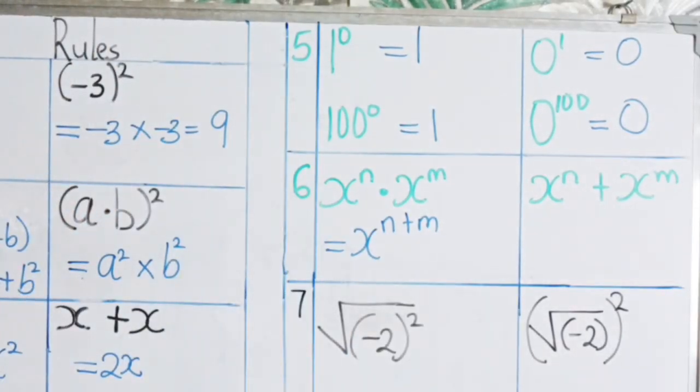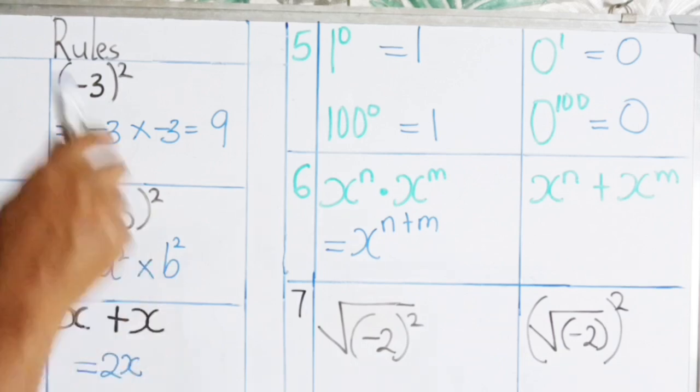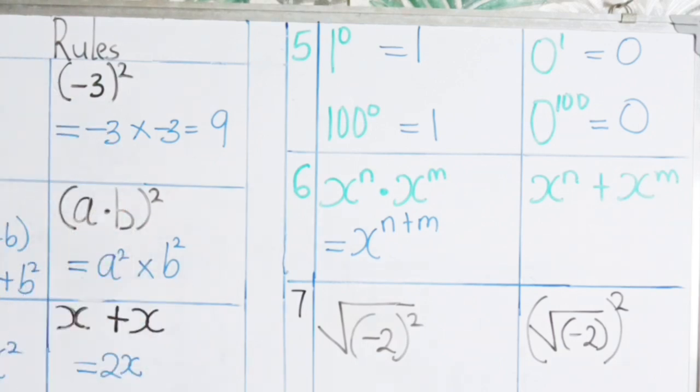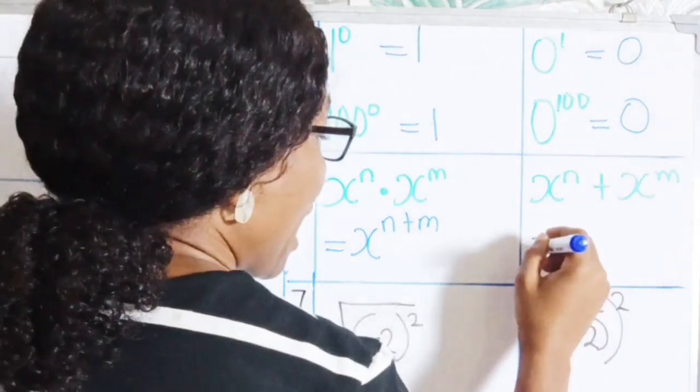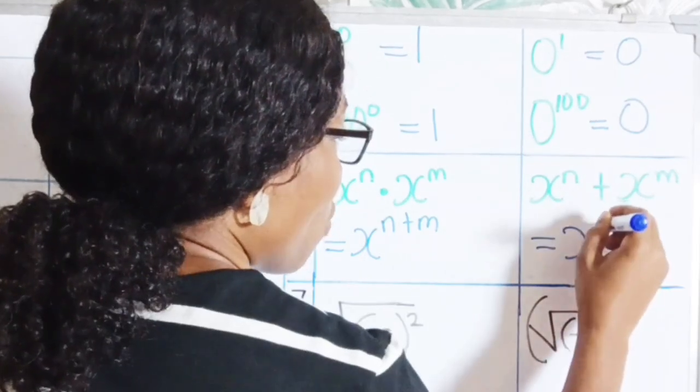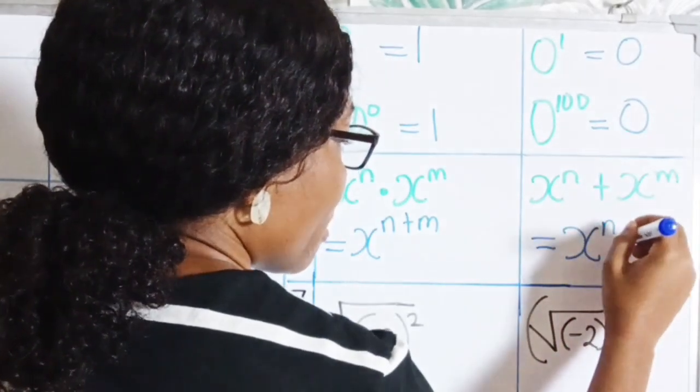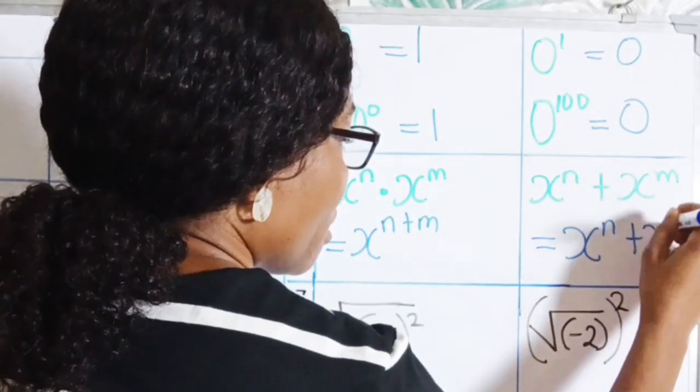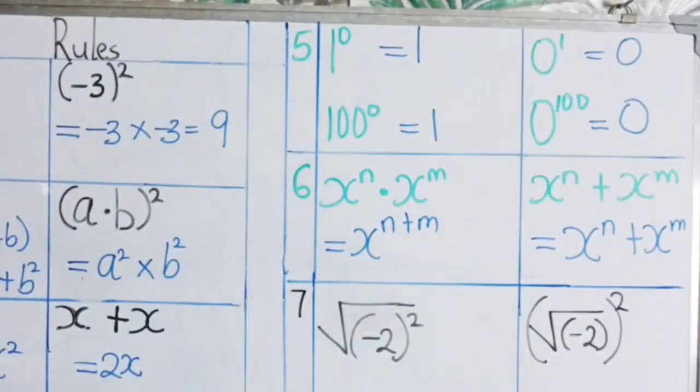But in this case, what are we going to do? x raised to power n plus x raised to power m remains the way it is. You can't do anything about it.